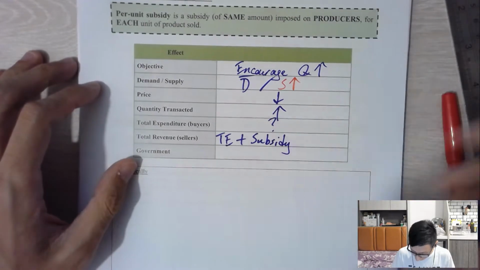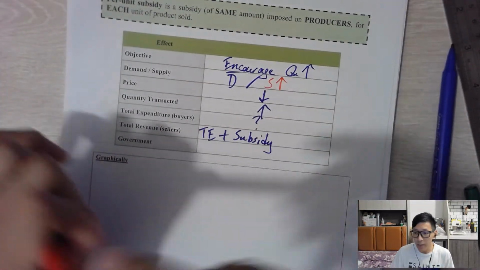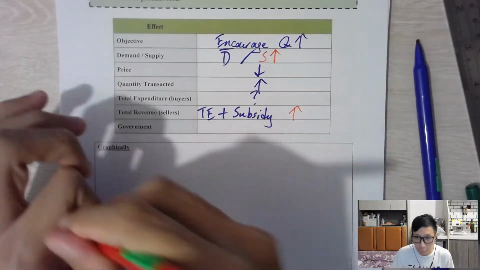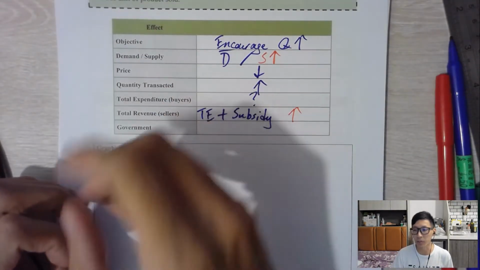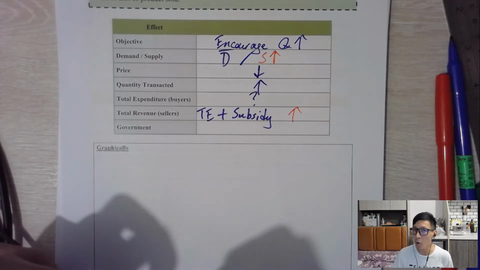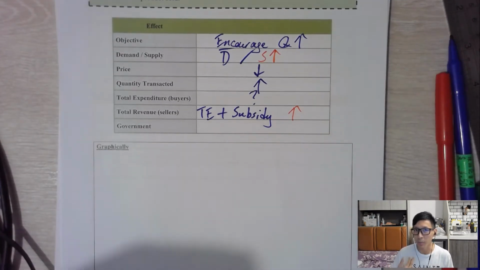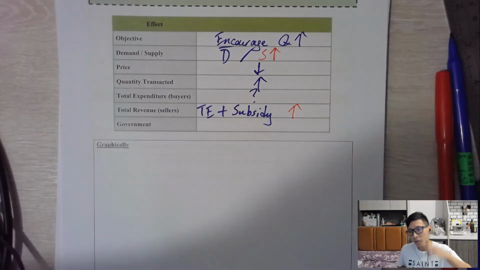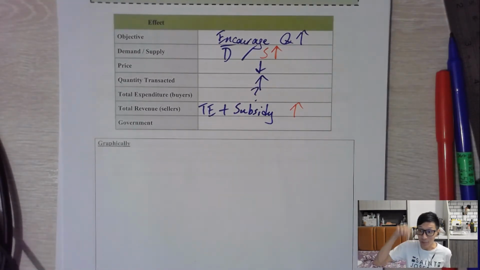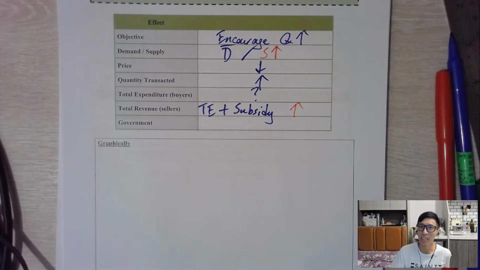In fact, in 99% of the cases, it's going to increase. Think about it from the objective perspective. You give a subsidy to encourage the producer to produce more, right? If somehow revenue decreases after the subsidy, it doesn't make sense.